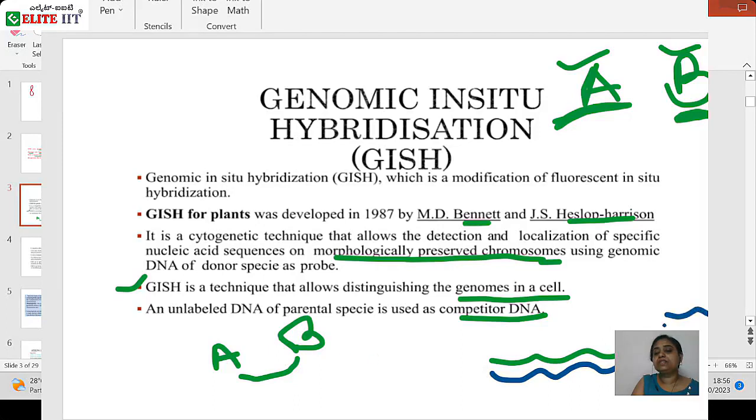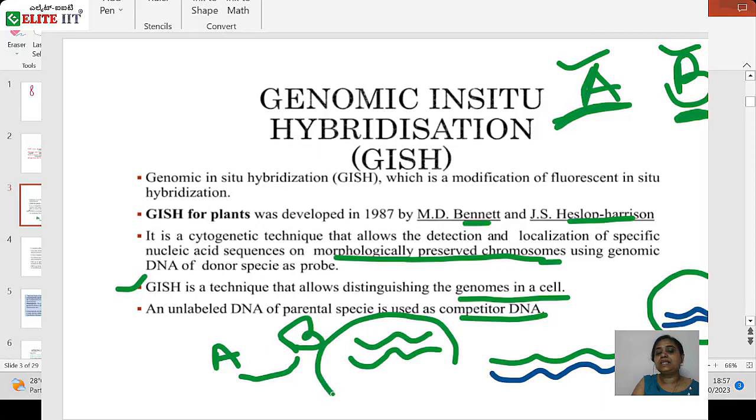Two separate genomes. So this is blue color and another is coming from the green color. Now you have to use the blue color as the competitor DNA, which is not labeled, and you can use the green color as the probe, which is labeled.